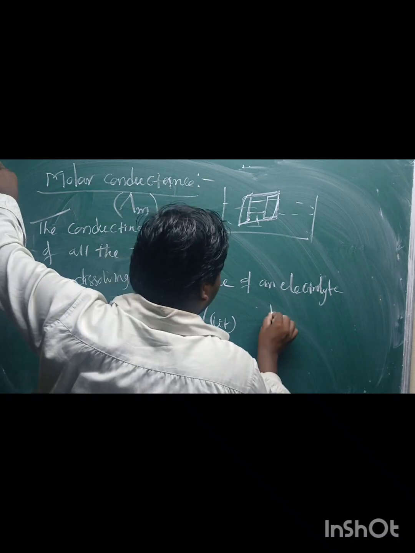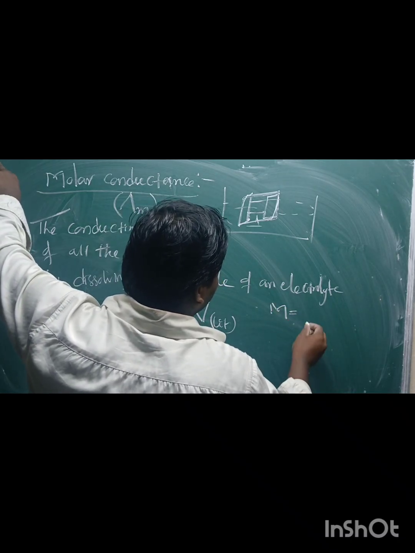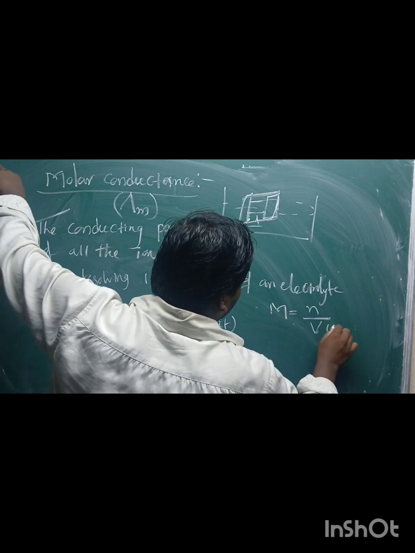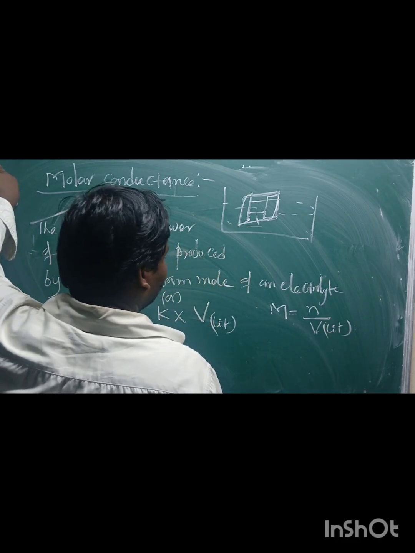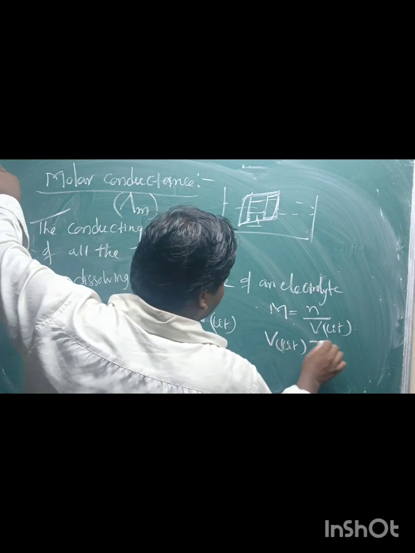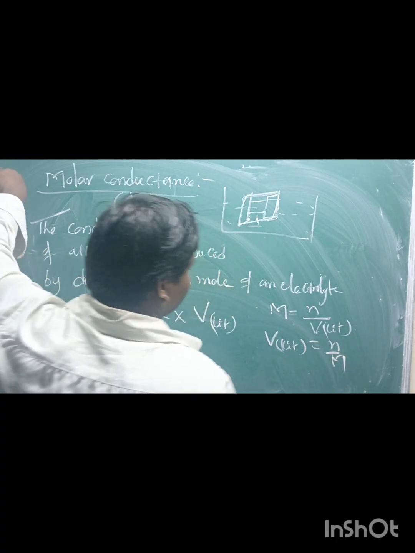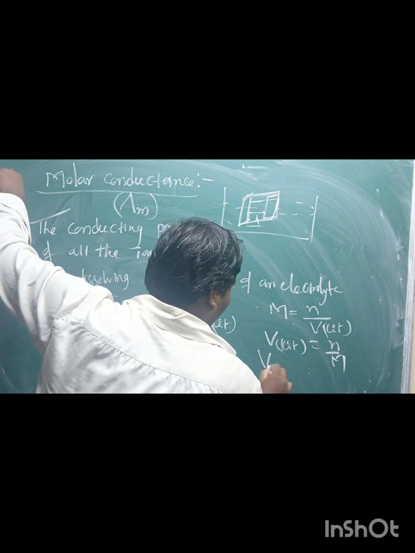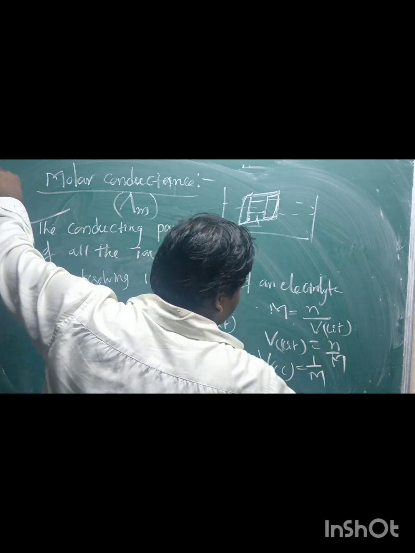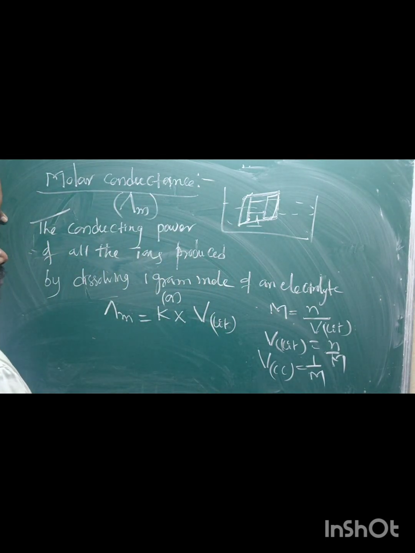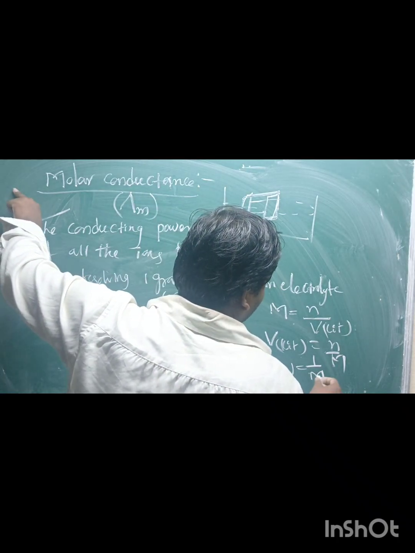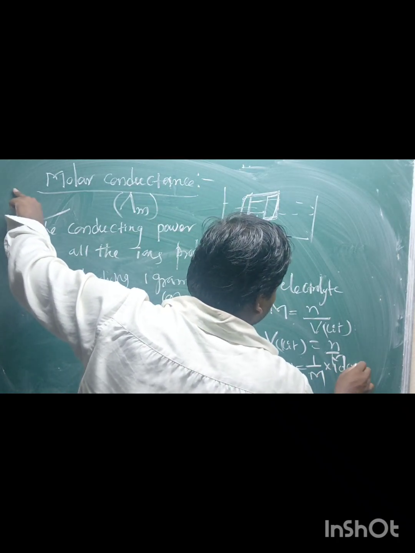Now I am taking molarity equal to number of moles of solute dissolved per volume in liter, so volume is N by M. If I take volume in cubic centimeter, 1 mole into 1000.